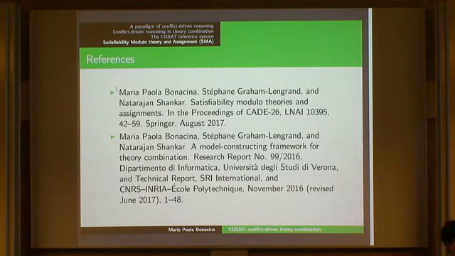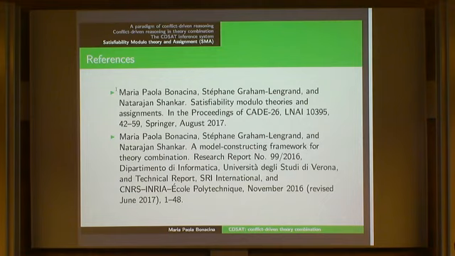So, one last question. As far as the assumptions on the theories are concerned, I seem to have gathered the following. They have to be signature disjoint. Well, as far as the function symbols are concerned, they should not share function symbols. Right? Yes.